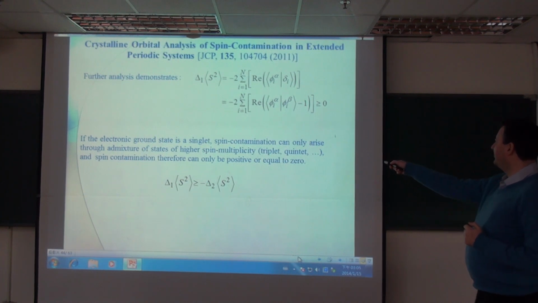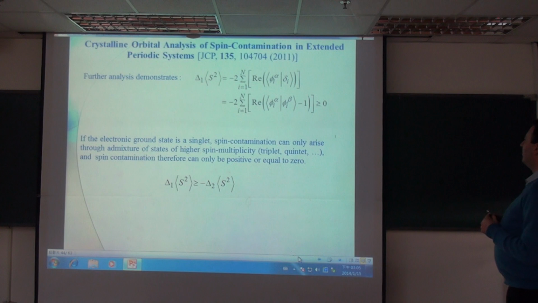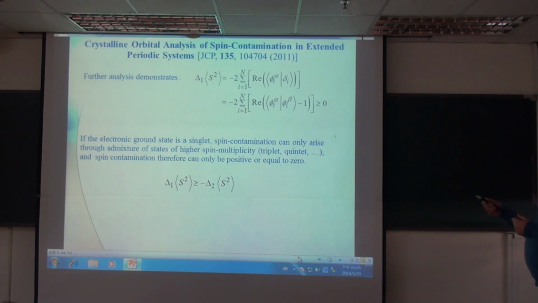Altogether, delta 1 must be smaller or equal to 0. Thus we know that if the electron ground state is a singlet, the spin contamination can only arise through admixtures of states with higher spin multiplicity, the triplets, quintets, etc. And thus the spin contamination can only be positive or equal to 0, because this implies this equality here.